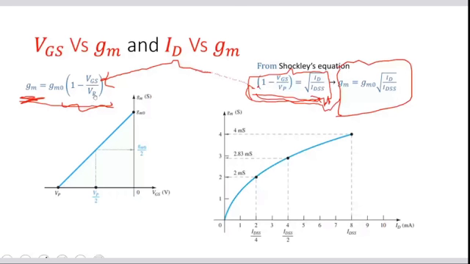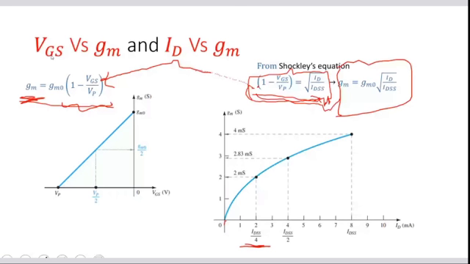Okay. Now we will straight away go for the plot. If I put ID equal to 0, then GM is equal to 0. If you put ID equal to IDSS by 4, then we will have the corresponding value of GM there. So it is almost linearly increasing there. Okay. And ID cannot go beyond IDSS.